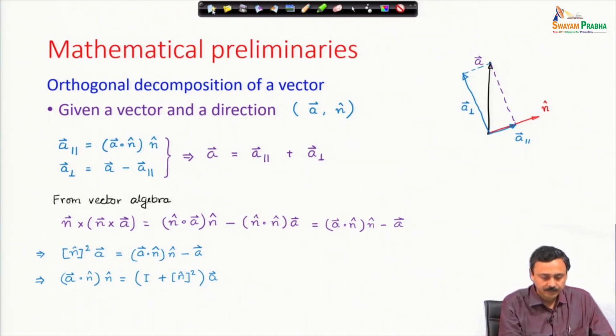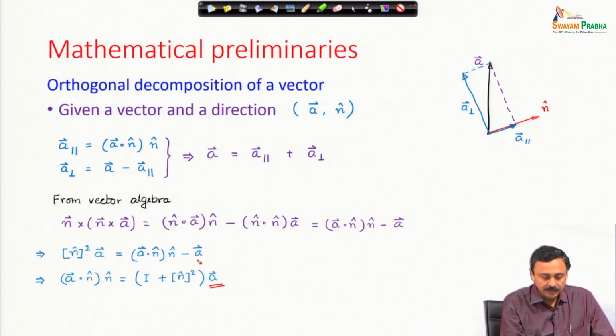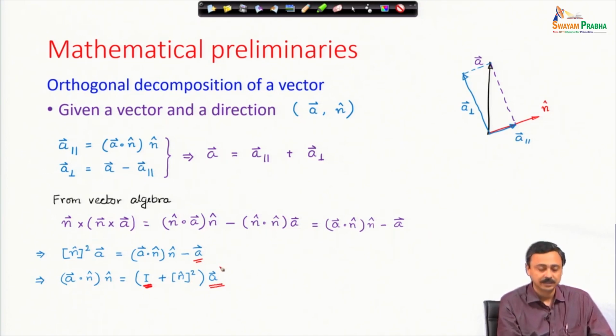What do I get? I have pulled out A, the column matrix corresponding to the A vector, and this must be replaced by the identity matrix. This is identity times A vector. So, when I pull out the A vector, this identity remains identity plus the Rodrigues form matrix of n squared. So, this is the matrix.